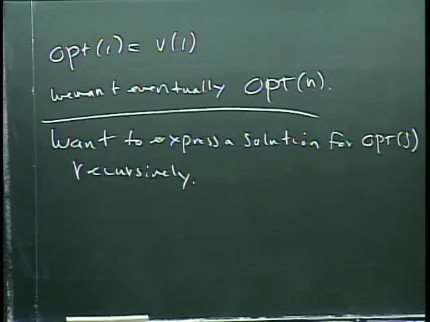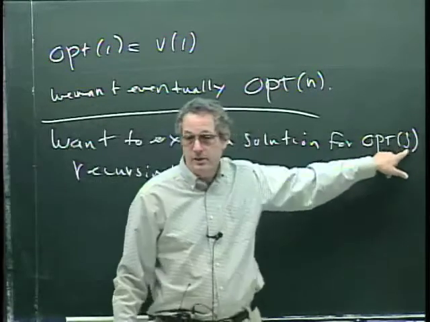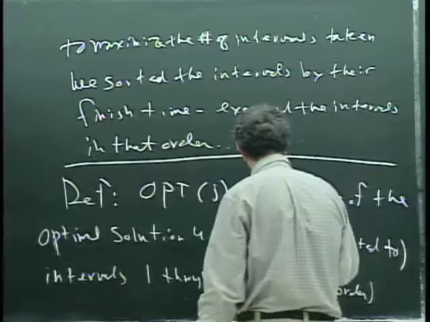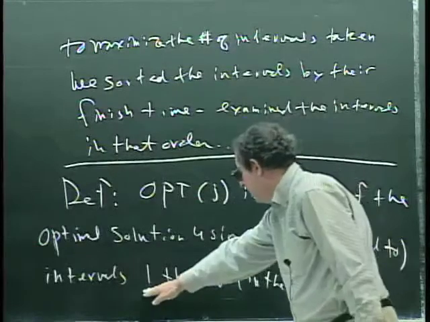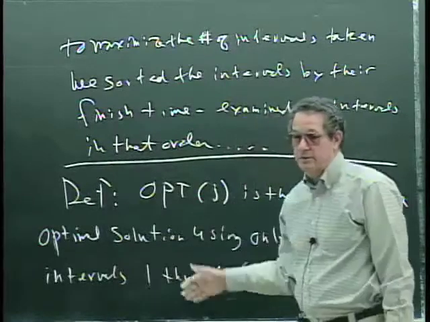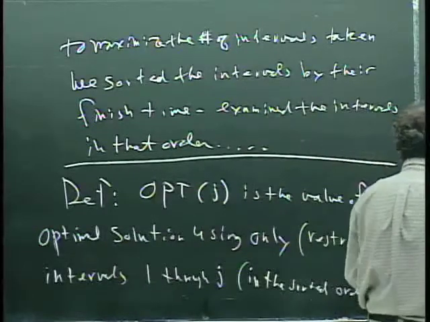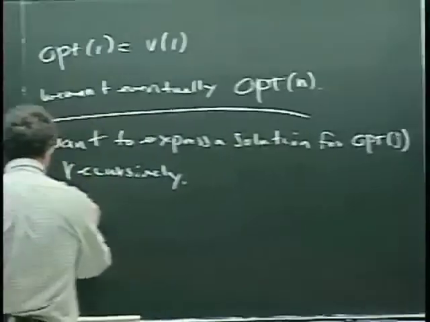Well, what are the natural subproblems? Those are the problems where the value here is less than j, because our definition goes from 1 through j. So it's going left to right in terms of the intervals, in terms of the endpoints of the intervals. We want to express a solution for opt j recursively.